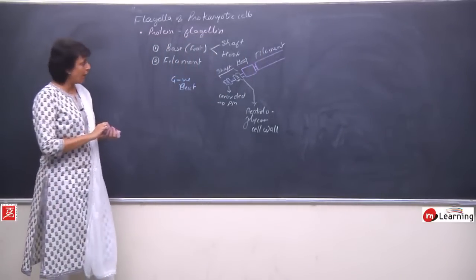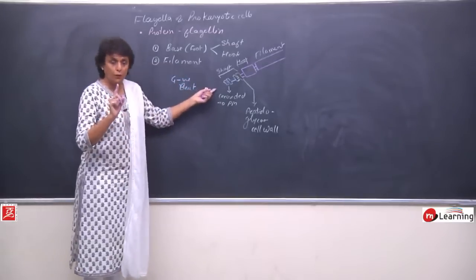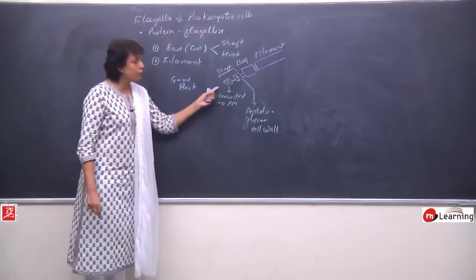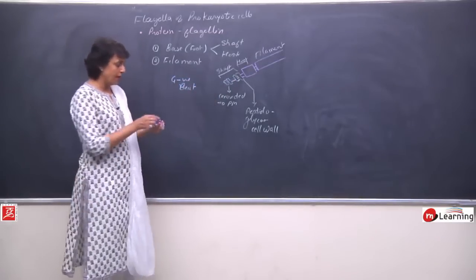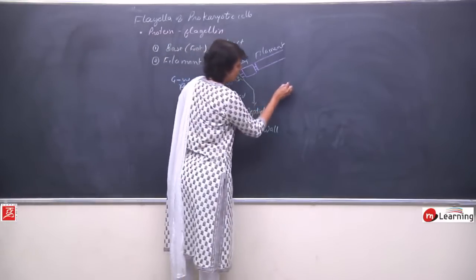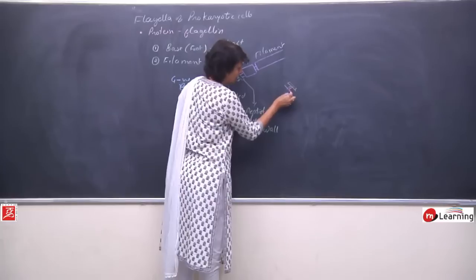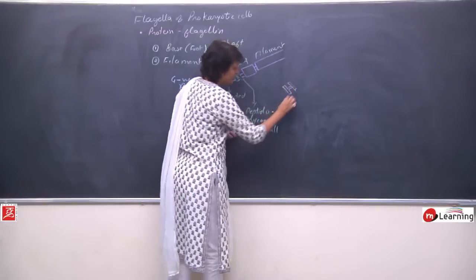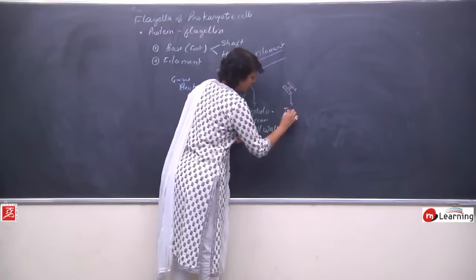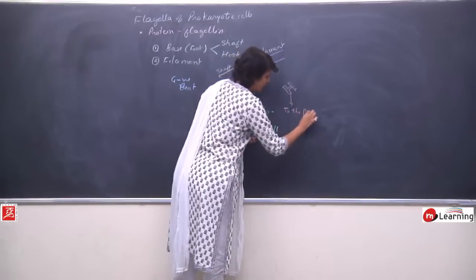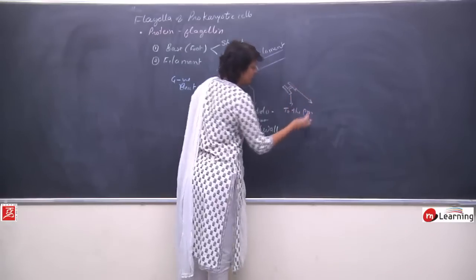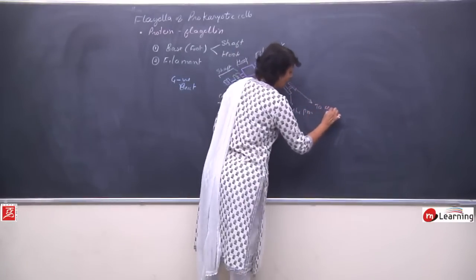In gram-positive, everything is same except for one difference, that instead of 4 discs, there are only 2 discs. So there would be one disc which is connected to the plasma membrane, and the outer one will be connected to the cell wall.